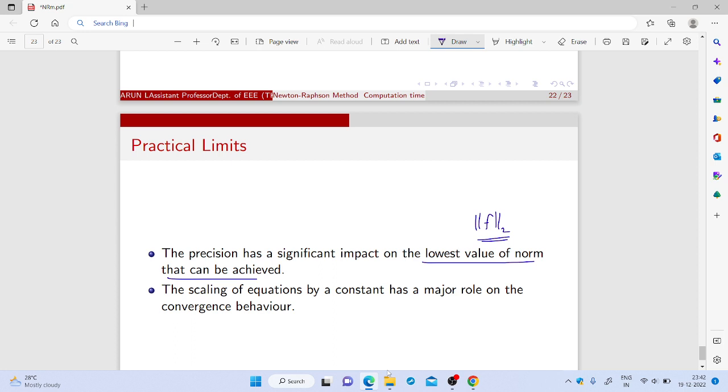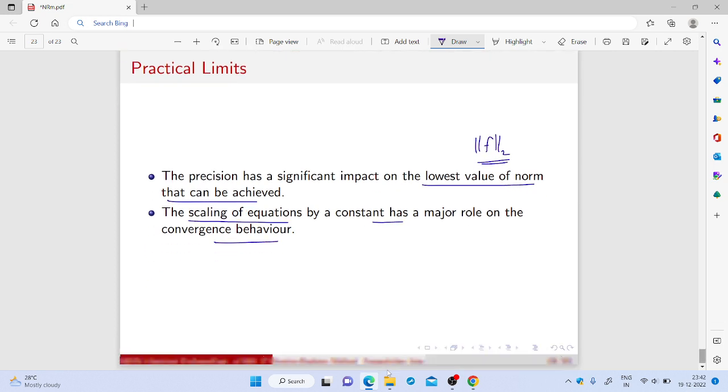So the finite precision of the computer has an impact on the lowest value of norm that can be reached. Another observation is, if you scale the equations by a constant value, that will also have a major effect on the convergence behavior, and sometimes the equations may diverge. Okay, these are the important points regarding Newton-Raphson method to solve a system of nonlinear equations. Okay, thank you.